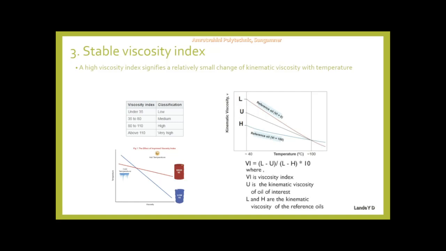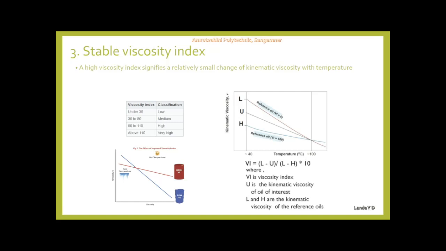The formula is VI = (L - U) / L x 100, where L is the kinematic viscosity of the oil at 100 degrees Celsius and U is the kinematic viscosity of the oil at 40 degrees Celsius.